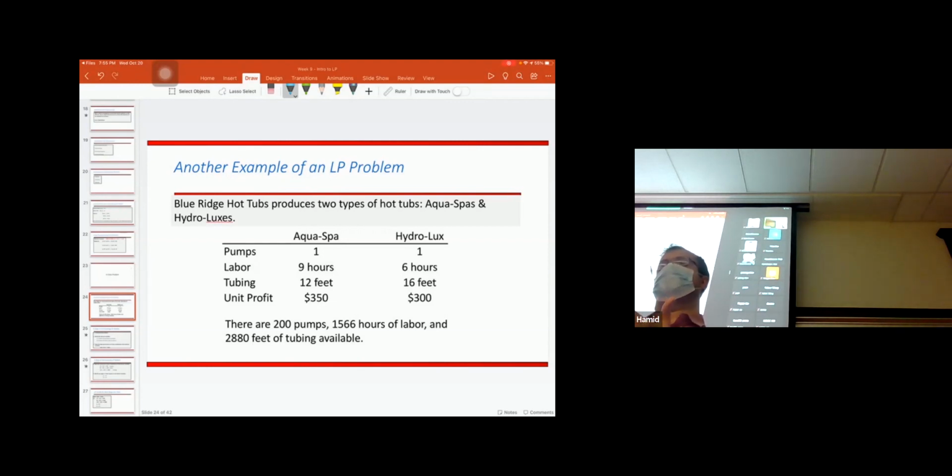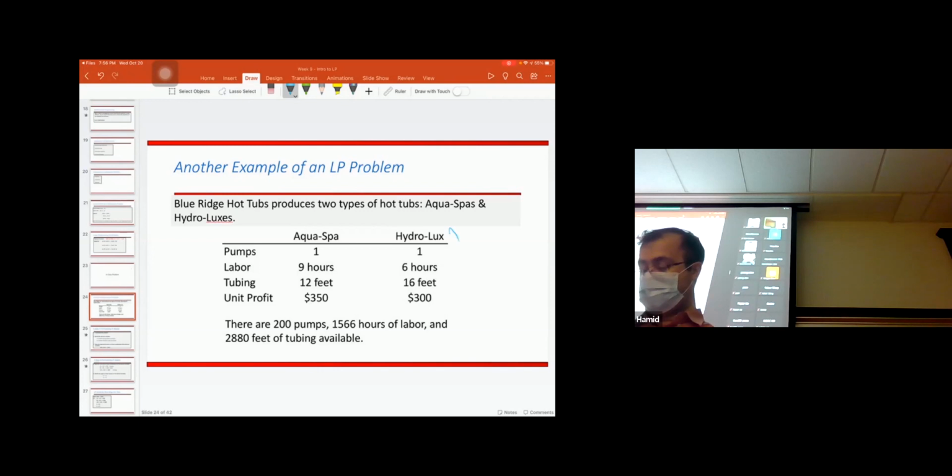I decided to produce 10 of it. 10 times 9, 90. So 90 would be deducted from my hours cap. So you deduct 90 from 1566. What if my decision variable for Hydrolux would be 10 of it, or let's call it X2.